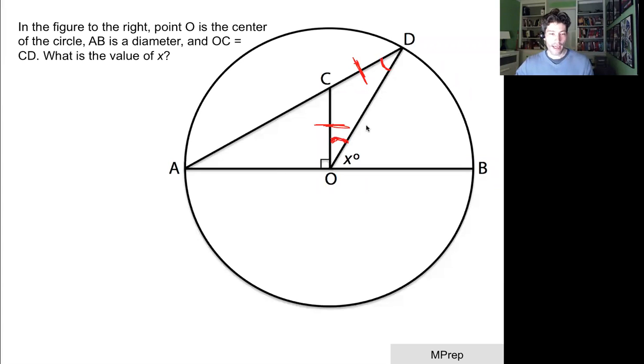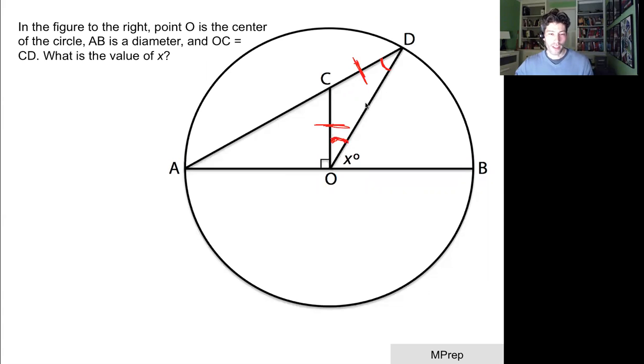Andre has identified not just one isosceles triangle, but two of them. And this one's a little bit trickier to see, because the line segments CD and OC being equal to each other are given in the prompt, and you have to infer some stuff about the second isosceles triangle. Here we've got triangles interacting with a circle, so you have to understand the relationship between those triangles and the circle.